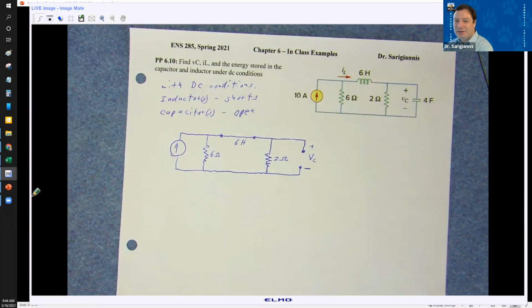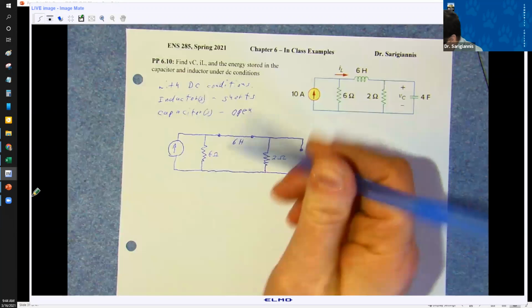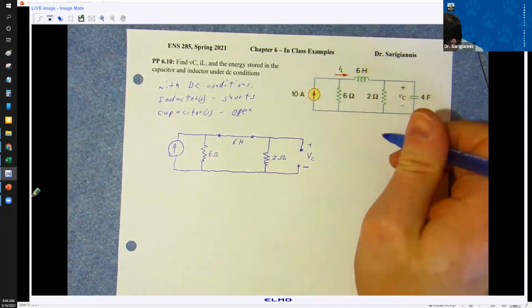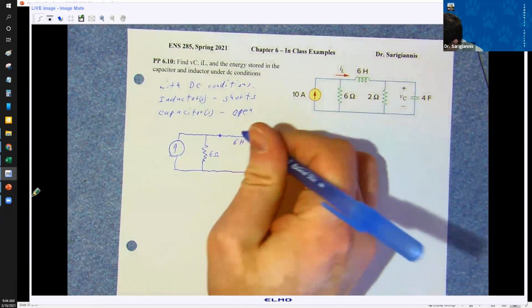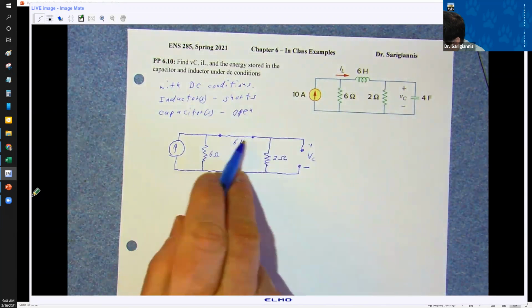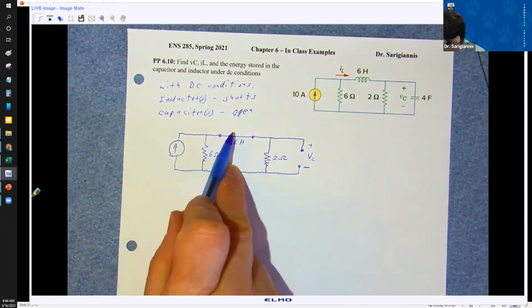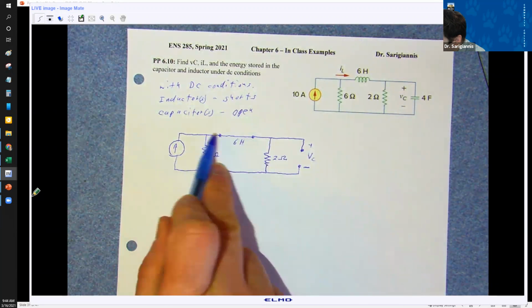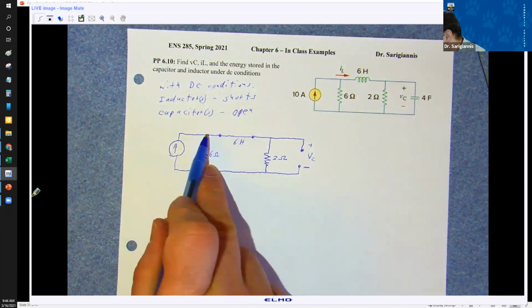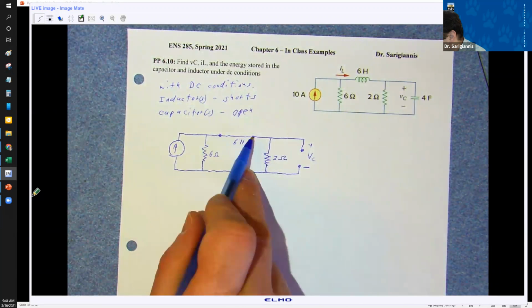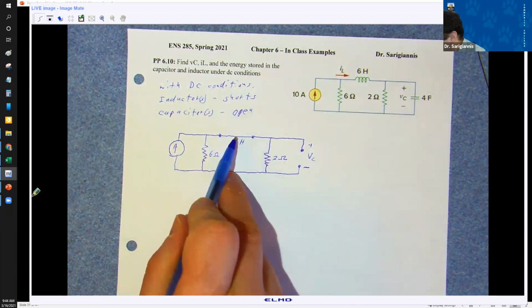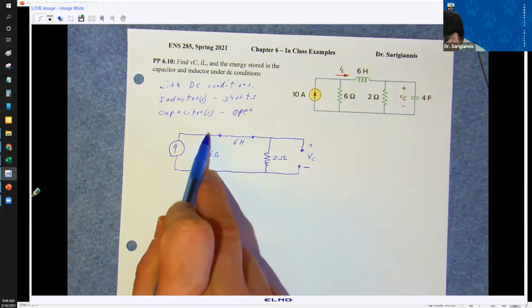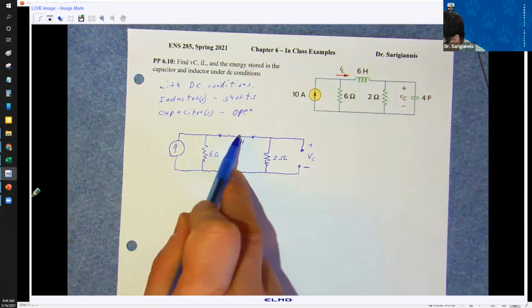Think about a pipe with a water wheel. The current is like the flow of water. Initially, the water wheel is not moving, so your current is slowed a bit because it has to push against this water wheel.